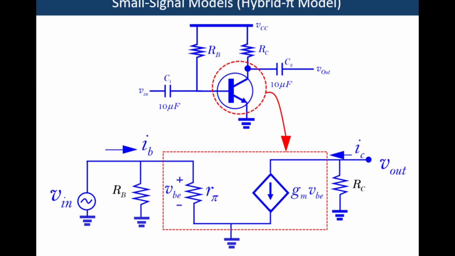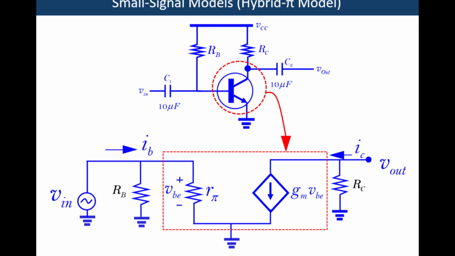If you see here, your Vs signal source and your RB are parallel to each other. Similarly, this V out and your RC are parallel to each other.